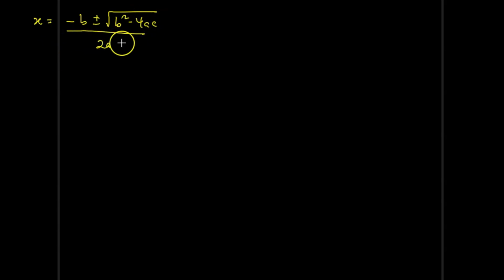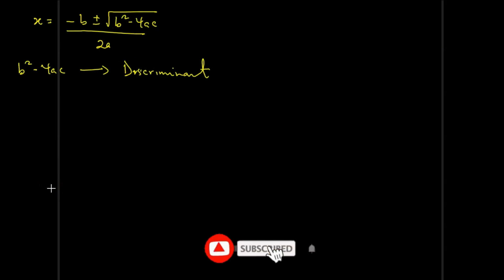The expression b squared minus 4ac is known as the discriminant. This is known as the discriminant of the expression or the equation. What does it do?